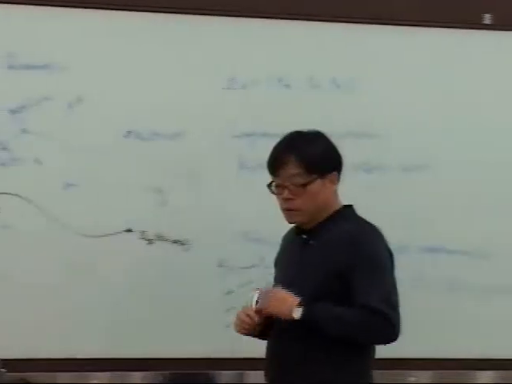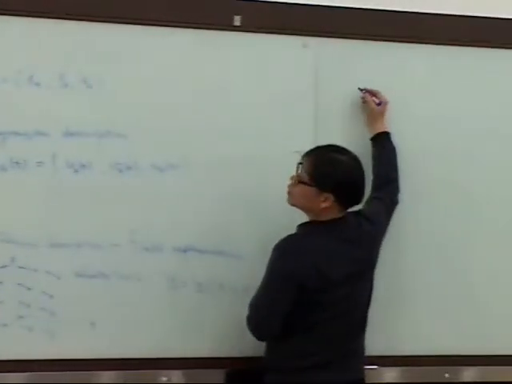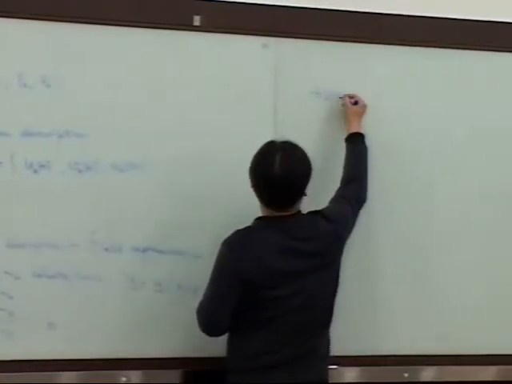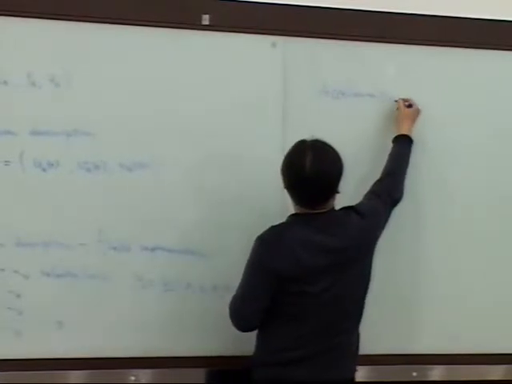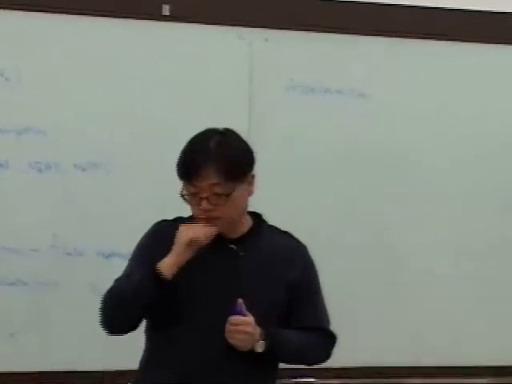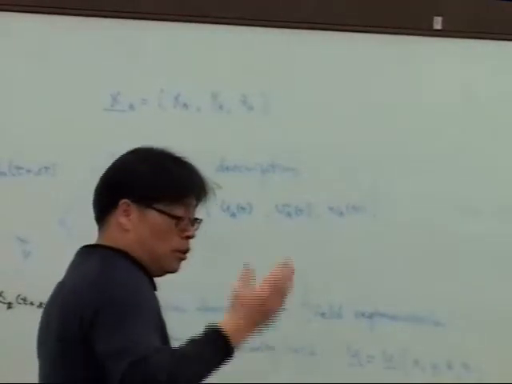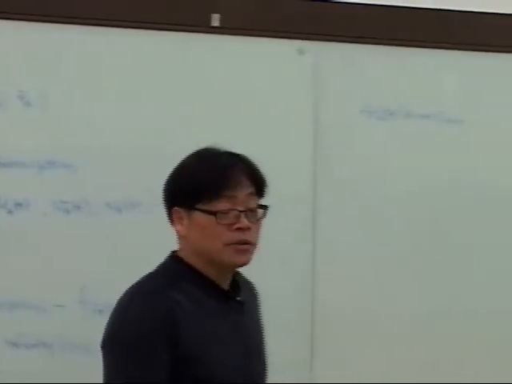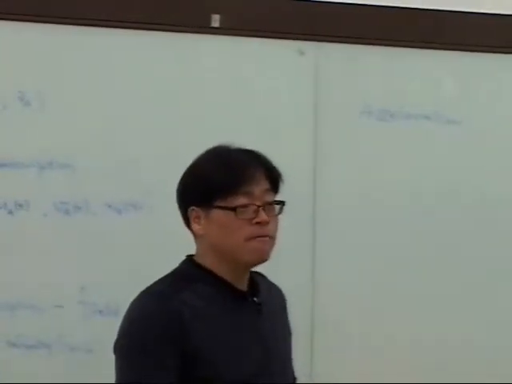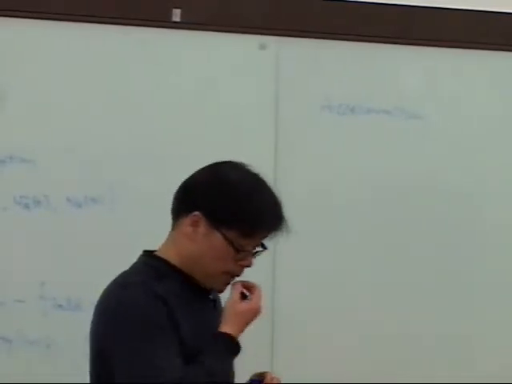Now we know what the velocity is, and then we need to define acceleration. You know what the acceleration is, right? Acceleration is time derivative of velocity. That's the acceleration. It's simple.